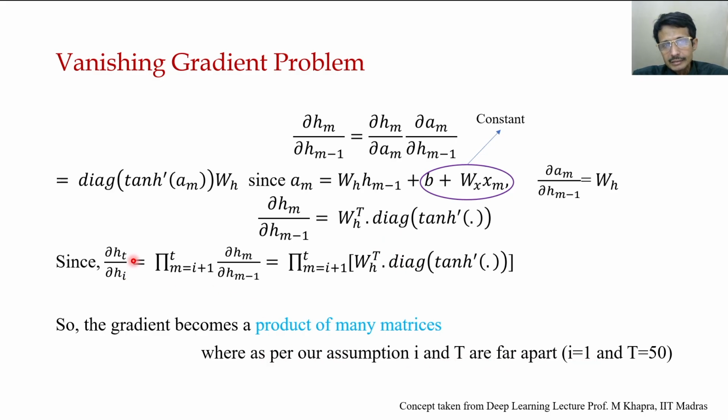If i is equal to 1 and t is equal to 50, you can understand this. Okay, so this is the major understanding.